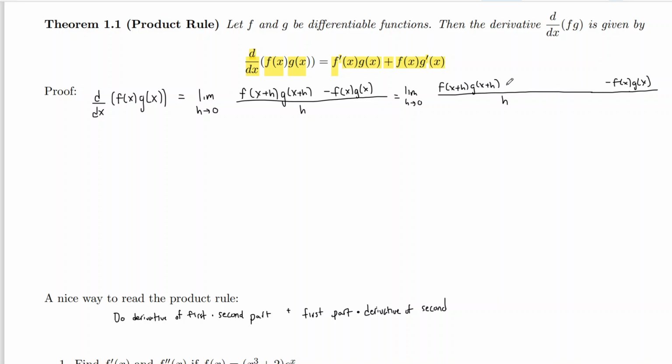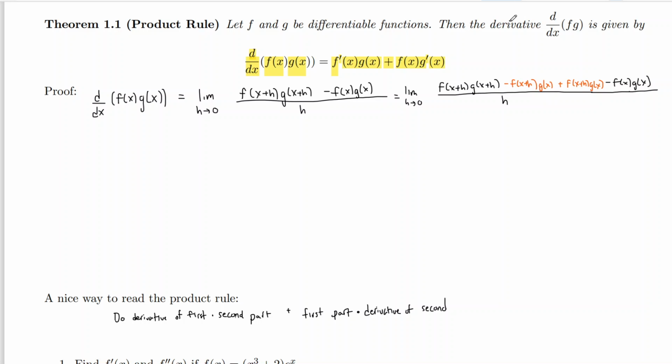So I'm going to subtract f of x plus h times g of x. But if I subtract that, because I would be switching the formula if I just subtracted it, I'm also going to add it: f of x plus h times g of x. Right, so I'm adding and subtracting the same thing.